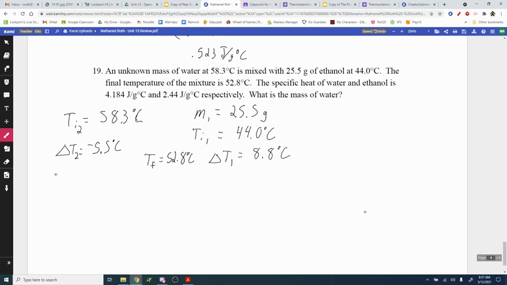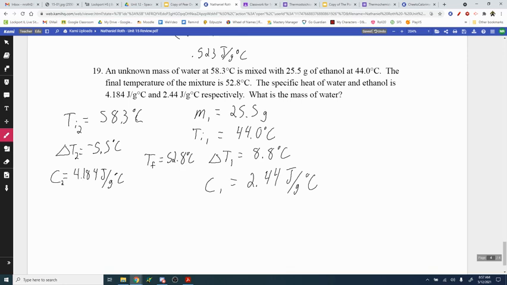Specific heat of water is 4.184 joules per gram degrees Celsius. That's 2. Specific heat of ethanol is 2.44 joules per gram degrees Celsius.